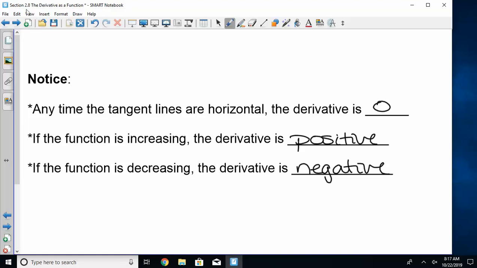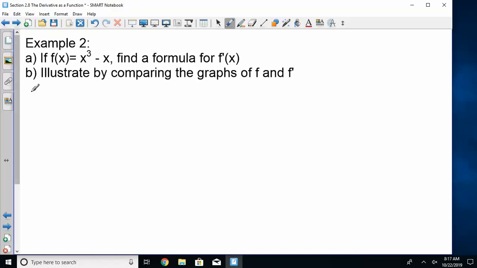So let's look at this example. It's very similar to what you were doing on last night's homework. If the function is x cubed minus x, I want to find a formula for f prime of x.